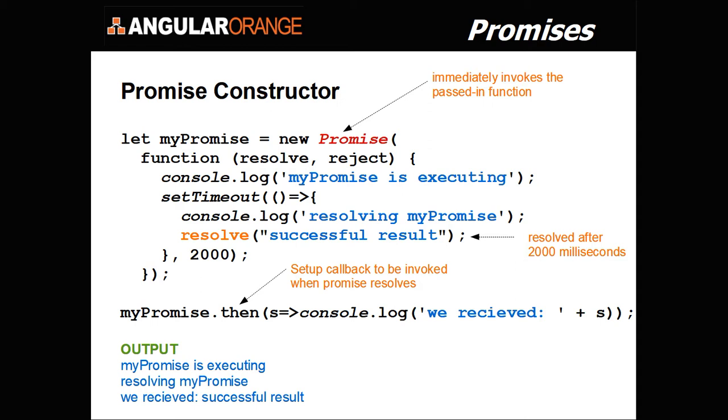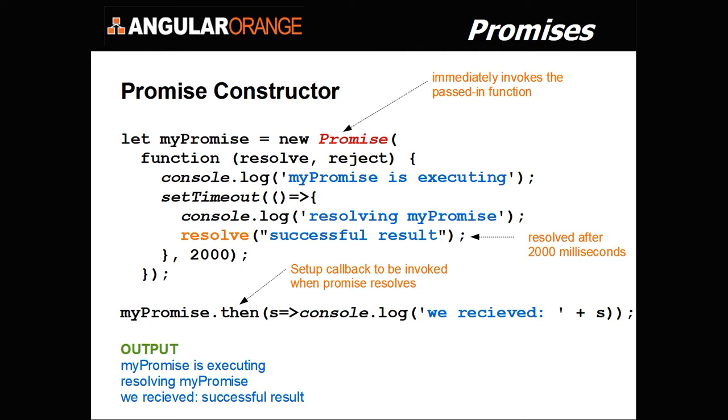Now what I do after that, if I want that result and I want to log it, let's say, I do a myPromise.then. That sets up a callback to be invoked when the promise resolves. And when I get that result, I use the fat arrow operator and an anonymous function to take that string and log it with the console.log saying we received a string, okay?